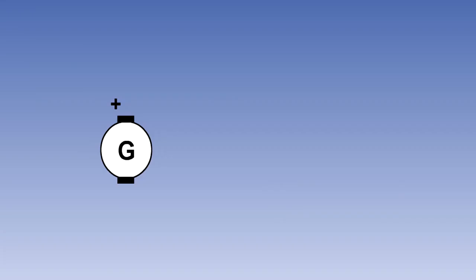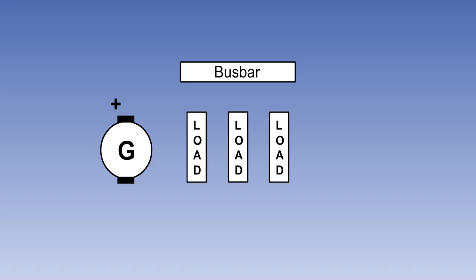A simple aircraft electrical system will consist of a generator, a busbar, loads, and a battery. The busbar is a distribution point to which all of the loads are connected.